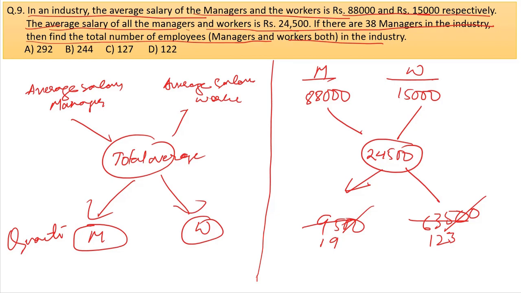We have, according to the question we have 19. There is quantity, we have 19 managers in 19 units, and according to the question we are having 38 managers. 38 managers multiplied by 2, 19 times 2 is 38, so total we are having 123 plus 19.